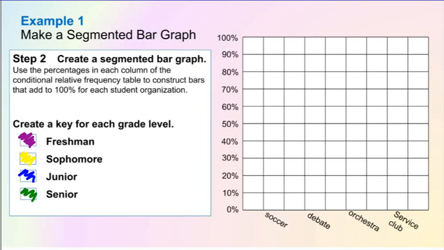So then everything has to go to 100, and we'll do freshmen first. So freshmen was 10% for soccer, and then let's do the debate team as well. 20% was freshmen.